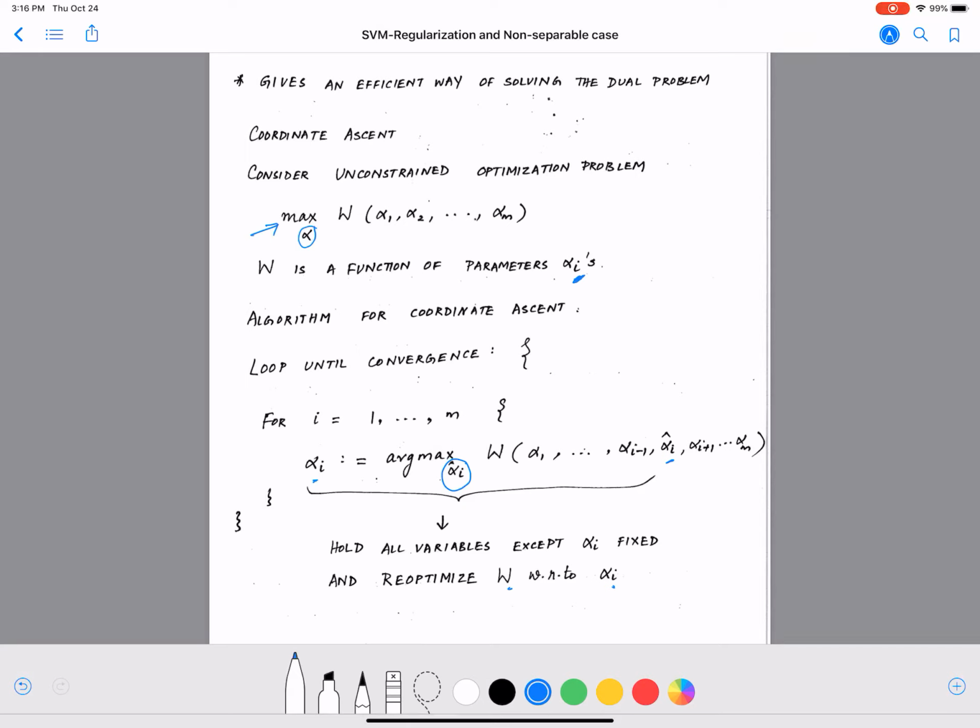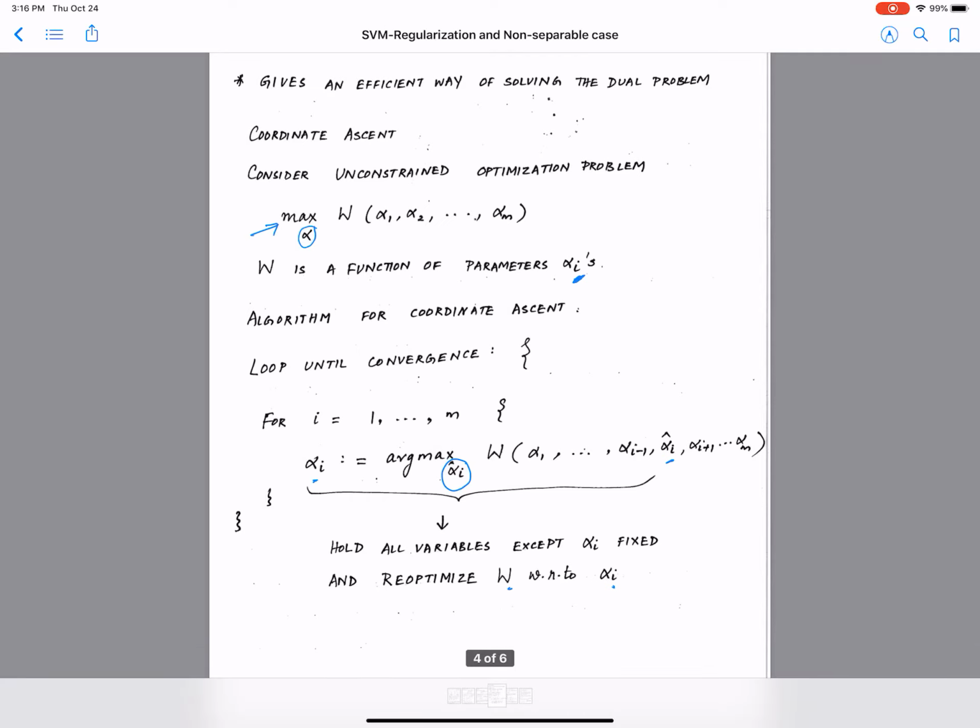We continue this until none of the alpha i's change value and we return the alpha i's. So this gives an efficient way of solving the dual problem, and it's simple enough to implement.